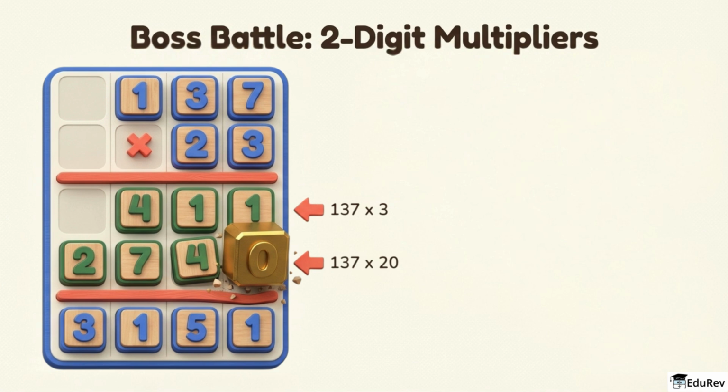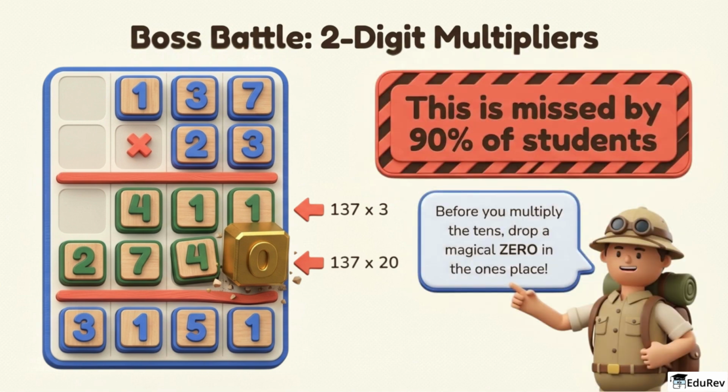Now add them. 2740 plus 411 equals 3151. So, 137 times 23 equals 3151. Here is the important idea. When you multiply by the tens place, like 20, you must remember its zero value. That is why place value matters.